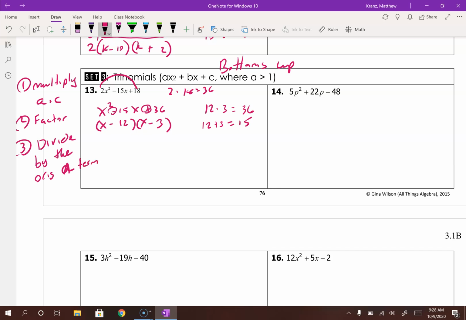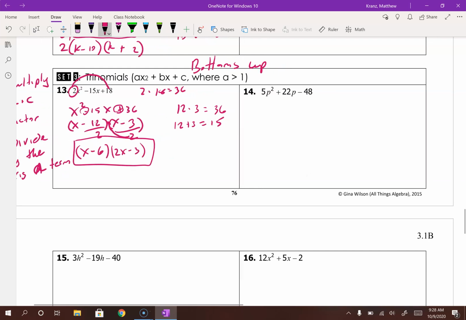Remember how we multiplied by 2 over here? So now I have to divide by 2. 12 divided by 2 is 6, so this is x minus 6. Now, 3 doesn't divide into 2, so the one that doesn't divide evenly just slides in front. 2x minus 3. And that's your answer.